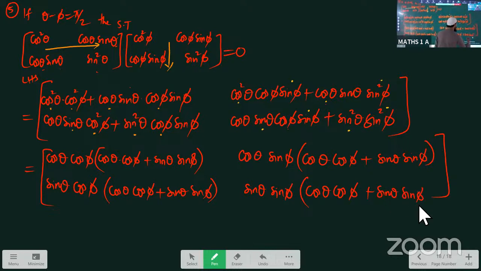So what is the formula here? You observe here, after multiplying these two matrices and after taking common, in all elements you can observe cos theta cos phi plus sin theta sin phi. This is common everywhere.